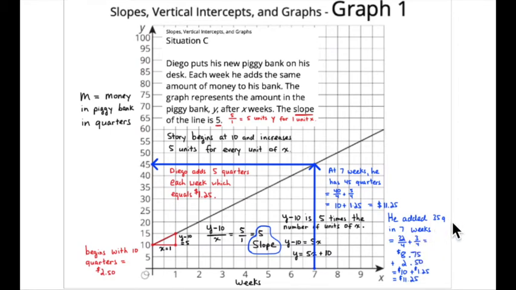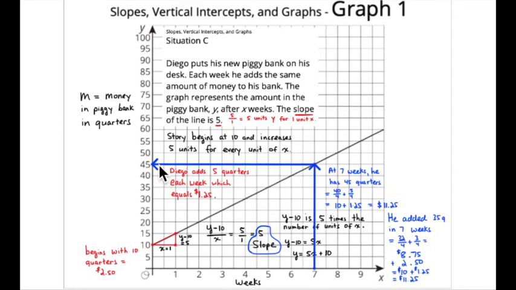So 35 quarters divided by 4. How much money is that? 32 divided by 4 is $8. And then 3 quarters is 75 cents. So he added $8.75. He started with $2.50. Add those together, he has a total of $11.25 after 7 weeks.